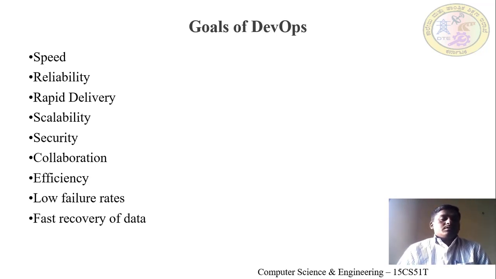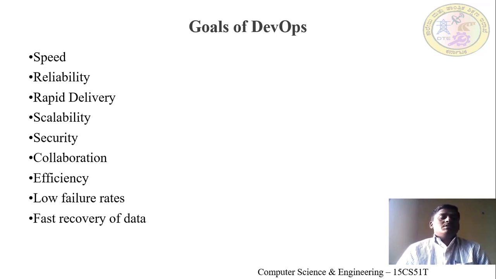Then collaboration, in the sense that each and every person is integrated, and then they do the work. An integrated working environment, we call it collaboration. And also they look at the efficiency of the particular applications.